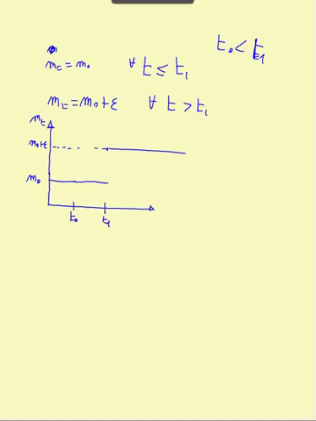So the nominal money stock is equal to M0 until T1. This is the hypothesis. But we know in T0 that in T1, the future day, the nominal money stock will increase by epsilon, and this increase will be permanent.